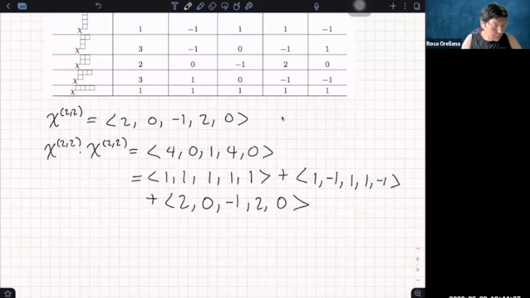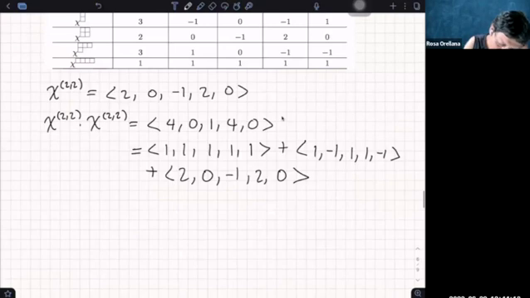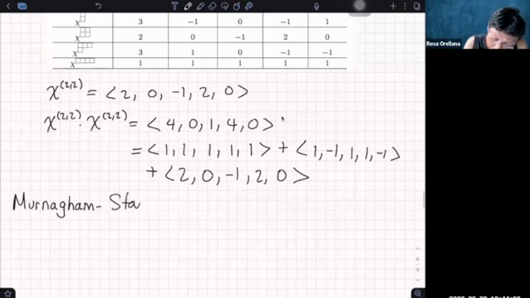So there is a stability phenomenon that happens, which is the Murnaghan stability.